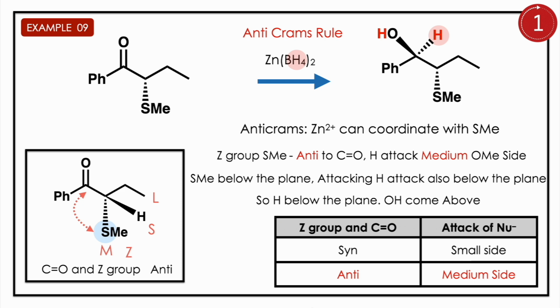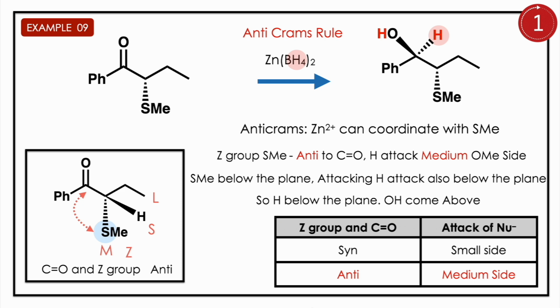Let us assign large, medium and small group. Here the Z group is sulfur because it has coordination. Large group will be ethyl, medium group will be S-methyl, hydrogen will be the smaller one. Z group and CO are in an anti relationship. So according to the table, Z group and CO anti means medium side attack.